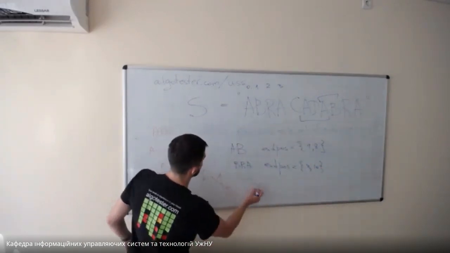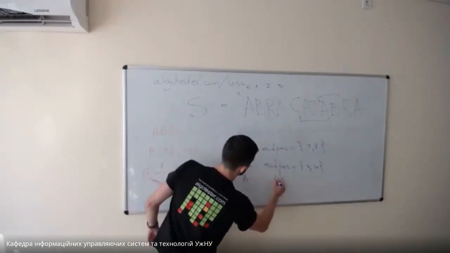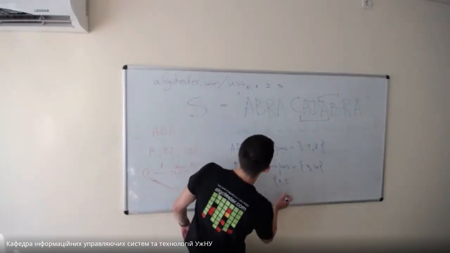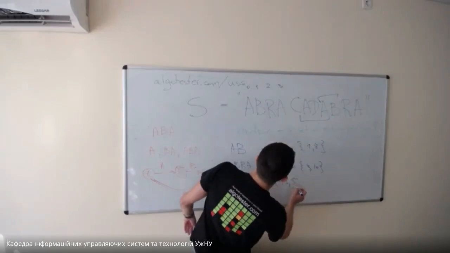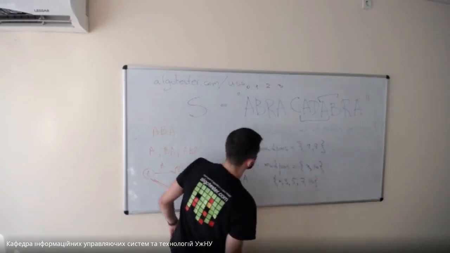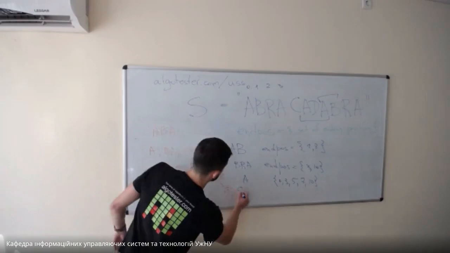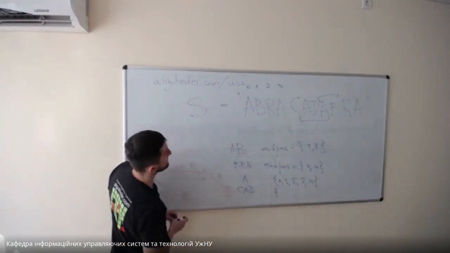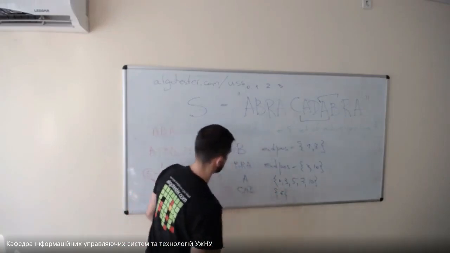And if we have A, then for A it's 0, 3, 5, 7, and 10. Yeah, and if we have CAD, then for CAD it's only 6.